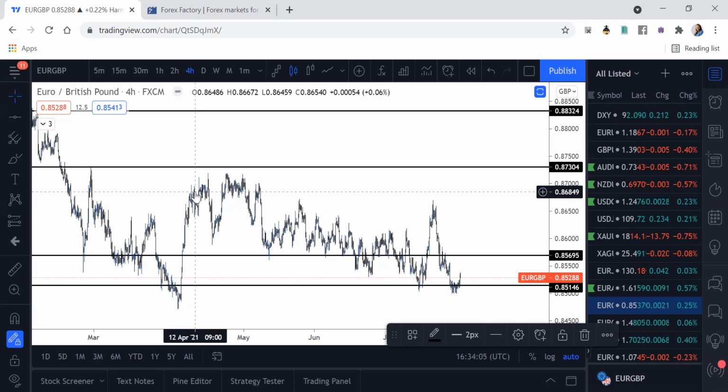And what I can see in front of me is a descending channel. Nice flag, nice continuation flag, impulse, flag, and now I'm looking for the continuation to the upside.